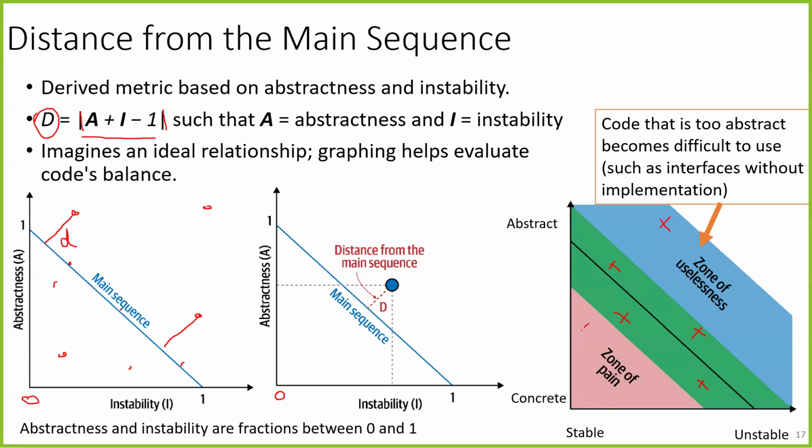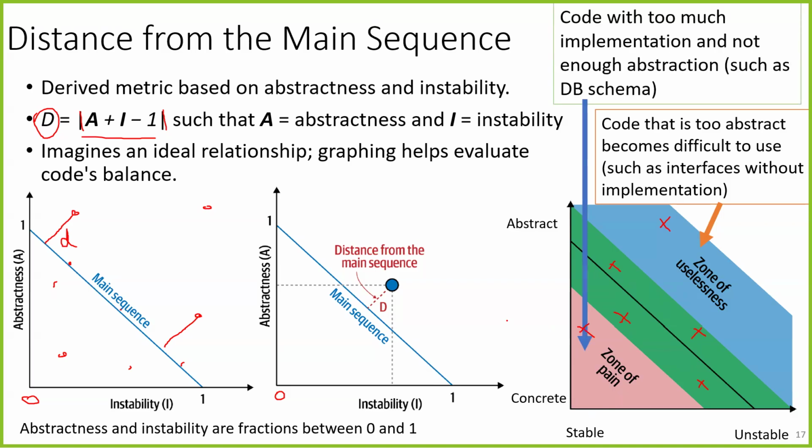And if you end up somewhere here, that is the zone of pain, because if you change something in your code, you will spend hours and hours just to fix that, because your code doesn't have enough abstraction. It is just concrete elements. So this is how we define distance from the main sequence.